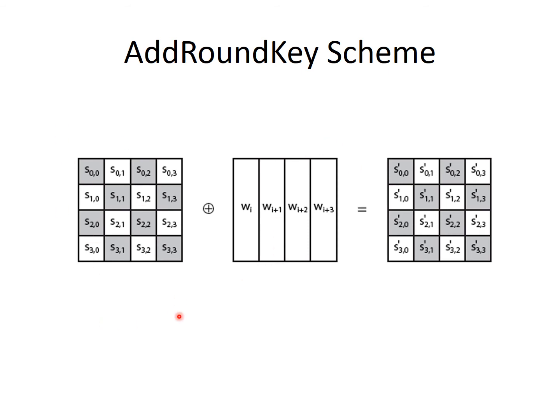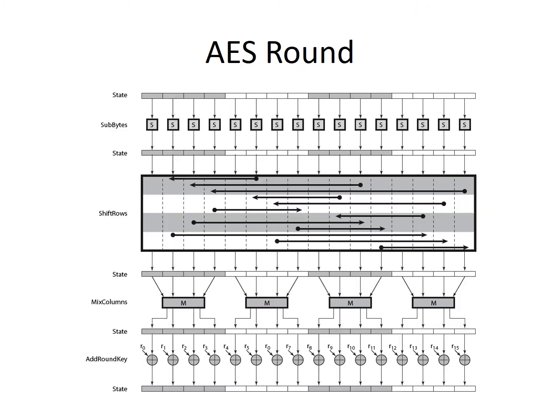Each column will be XORed with the key word. That is, the key's 4 bytes altogether represent a word. So in order to understand that, I have written it in a word format. Each column will be XORed with the word, and you will get the corresponding new state for that matrix of plaintext.